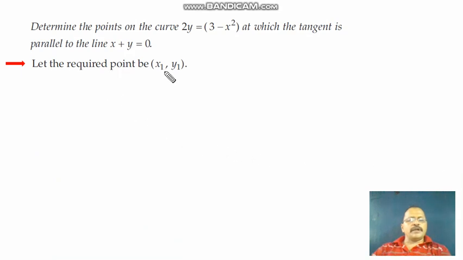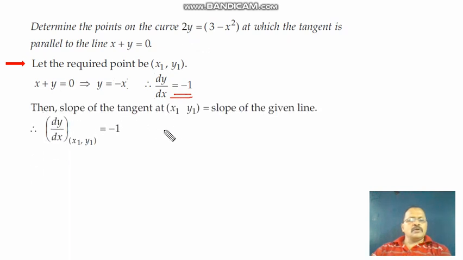Suppose the required point is x1 y1. The line is x plus y equal to 0, that means y equal to minus x. Slope of this line is minus 1 and this minus 1 is equal to dy by dx. So directly I am writing dy by dx is equal to minus 1. Now take this equation of curve 2y is equal to 3 minus x square.